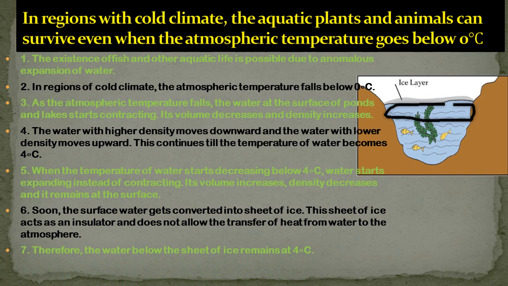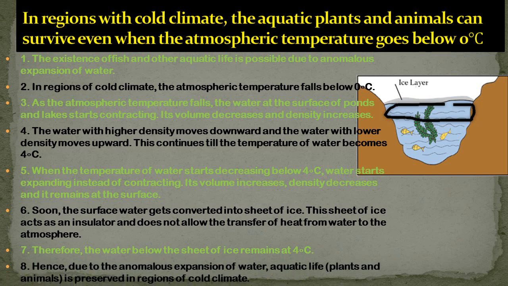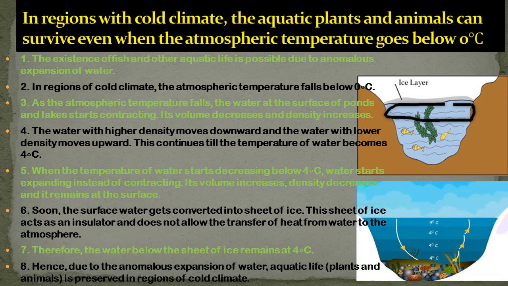Therefore the water below the sheet of ice remains at 4 degrees Celsius only, and hence due to the anomalous expansion of water, aquatic life, that is plants and animals, is preserved in regions of cold climate. Here you can observe in the picture that below the sheet of ice the temperature of the water remains 4 degrees Celsius, and the aquatic plants and animals will survive properly at this 4 degrees Celsius.